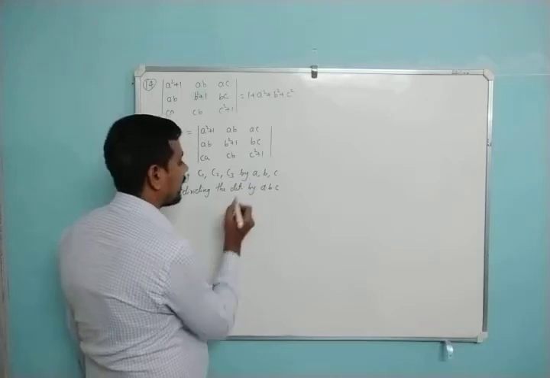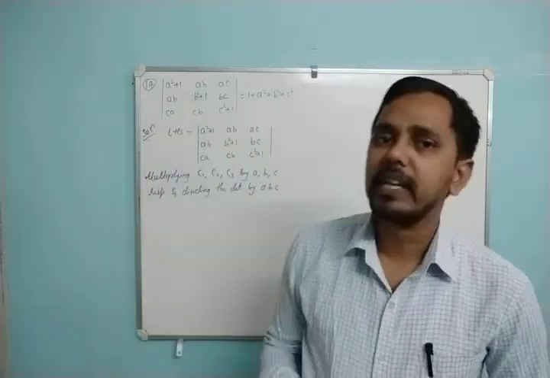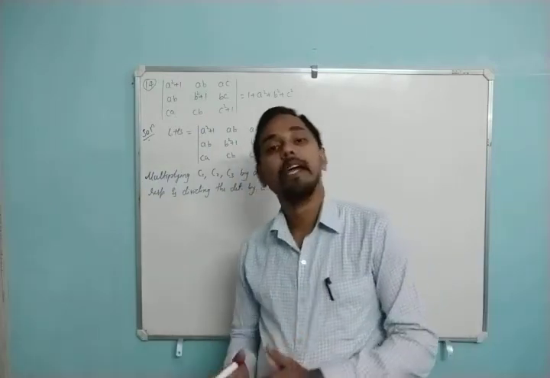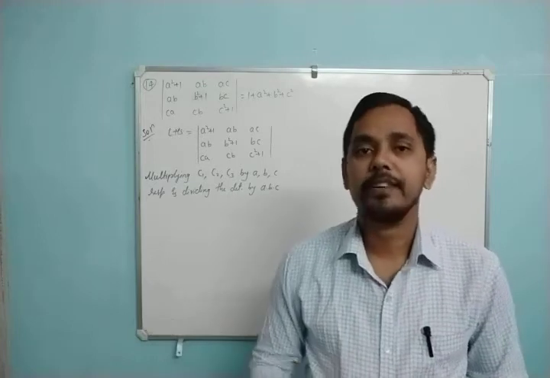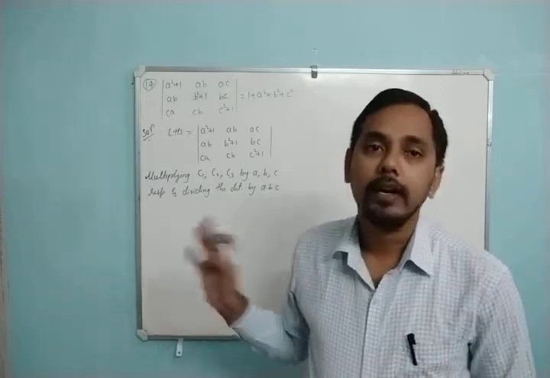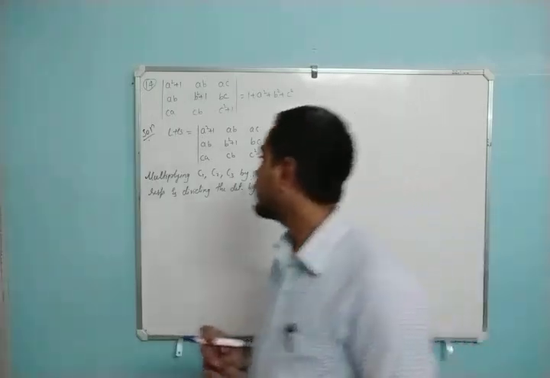Right? So what have I done here? For C1 I am multiplying a, for C2 I am multiplying b, and for C3 I am multiplying c. As I am multiplying a, b and c, I should divide by a, b, c, so that I am balancing it. So I am dividing the determinant by abc. Okay? So what happens here?